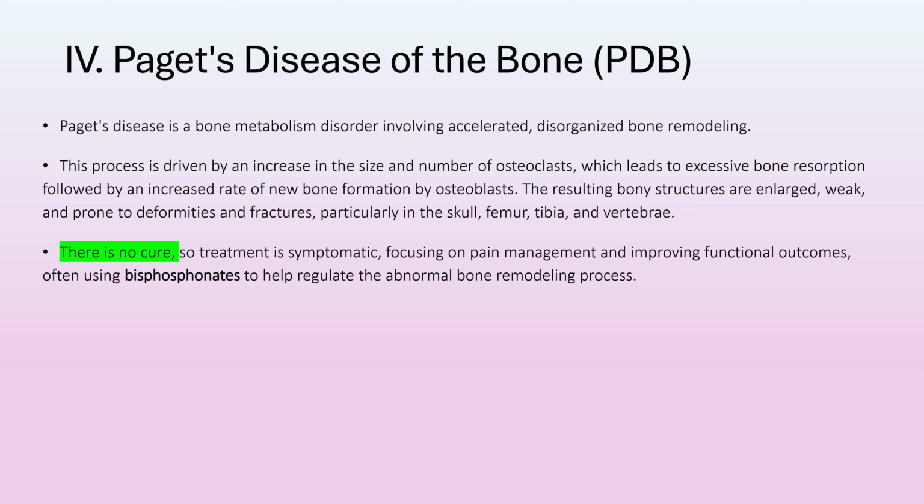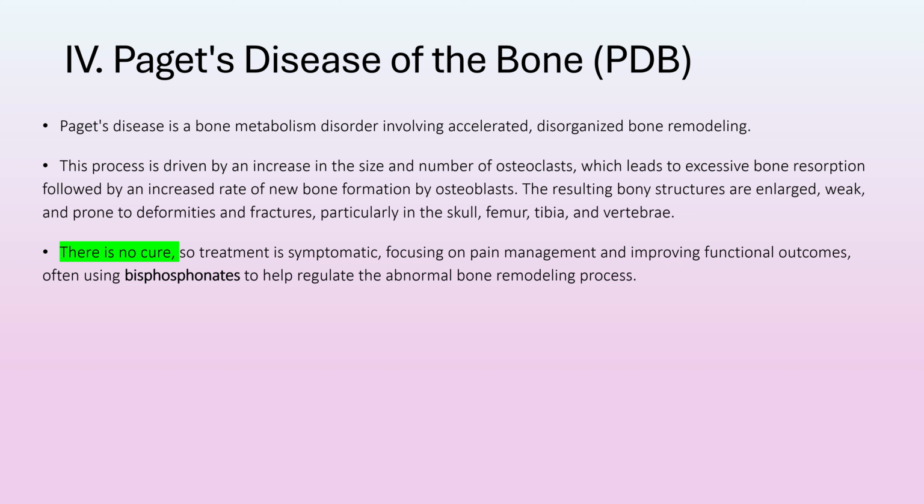Bone is constantly renewed through the process of remodeling, maintained by two types of bone cells, osteoclasts and osteoblasts. So let's review: osteoclasts increase in size and number, escalating resorption of bone.